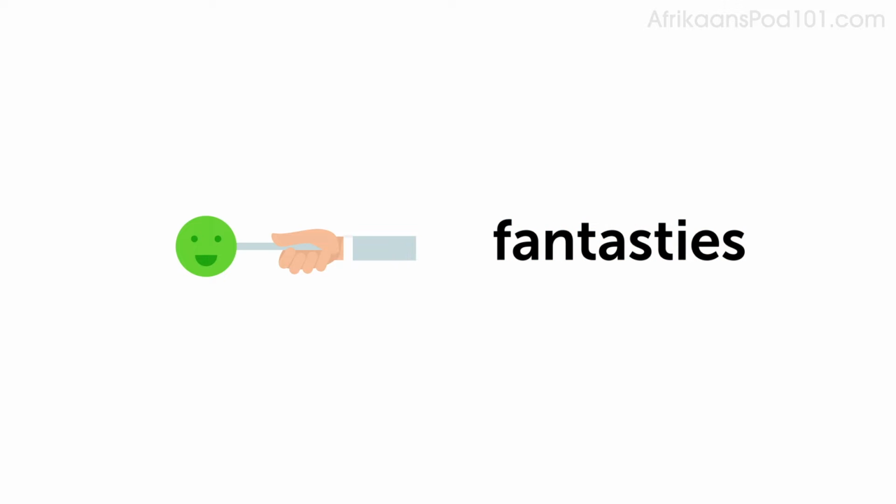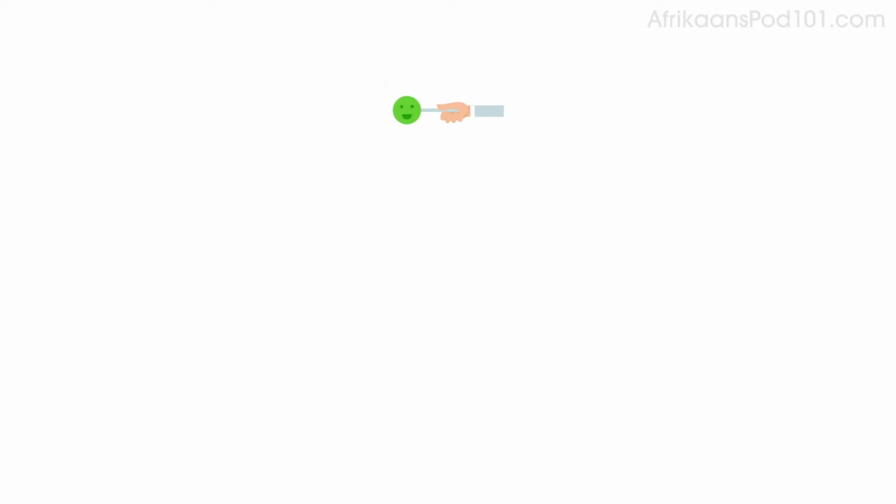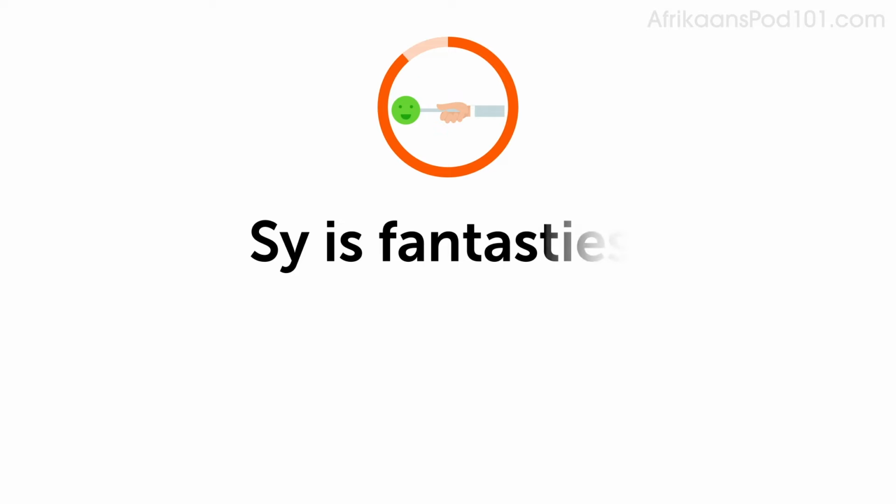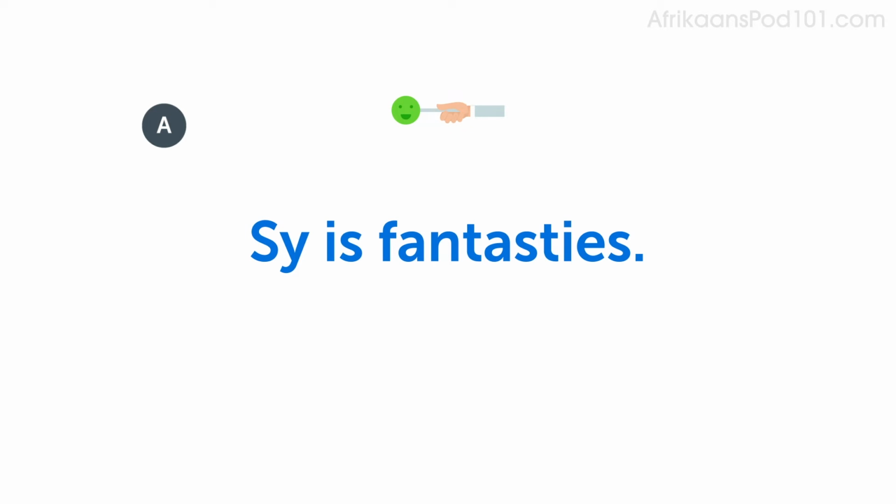Say, "She's great." Sy is fantasties. Now, answer the question saying she's great. Hoe is jou ma? Sy is fantasties.